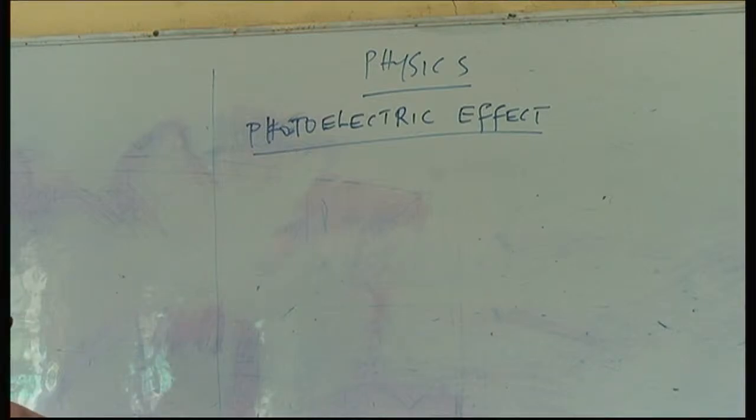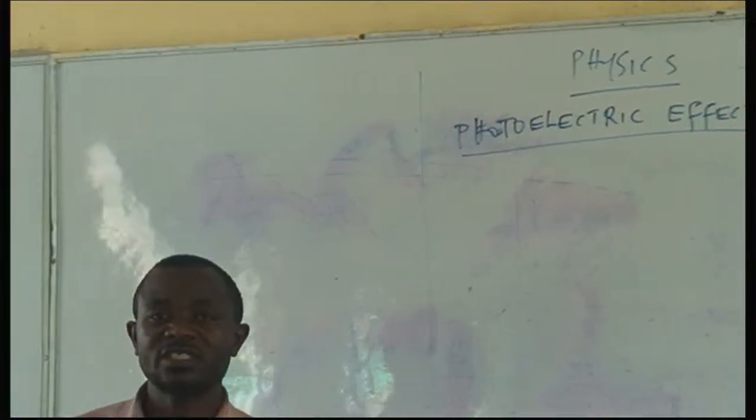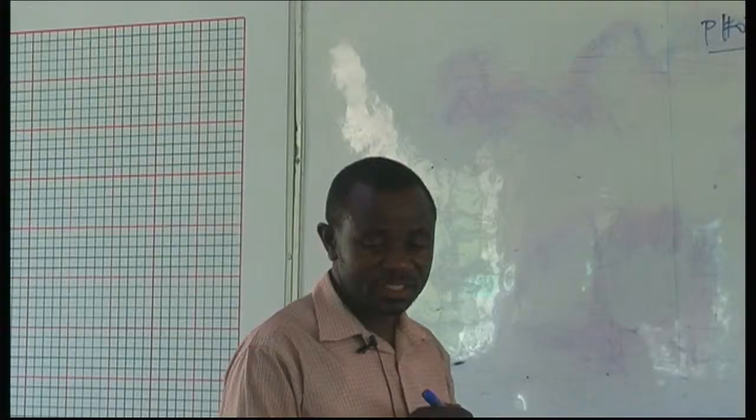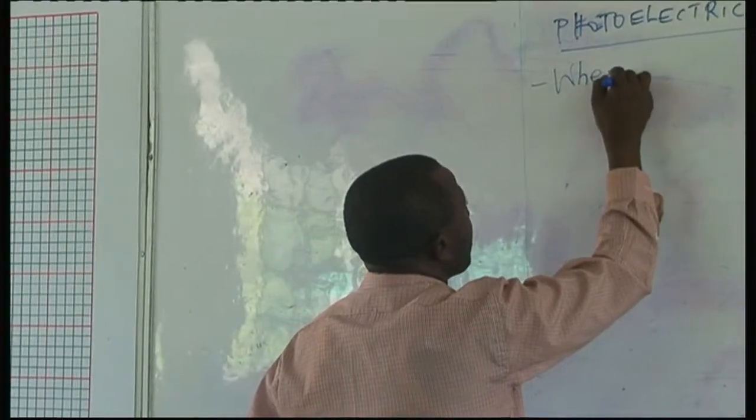Now, class, when an electromagnetic radiation of sufficient frequency is radiated on a metal surface, electrons are emitted. Let me put that on writing.